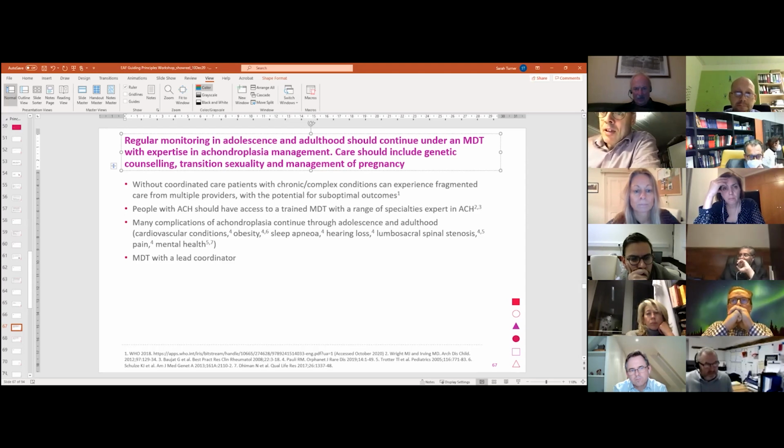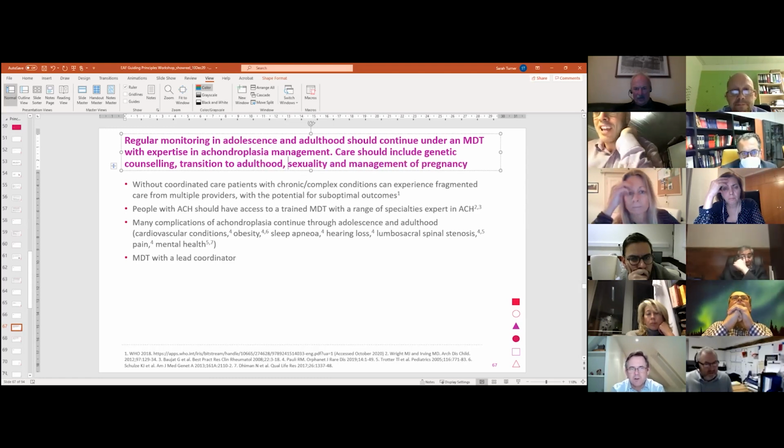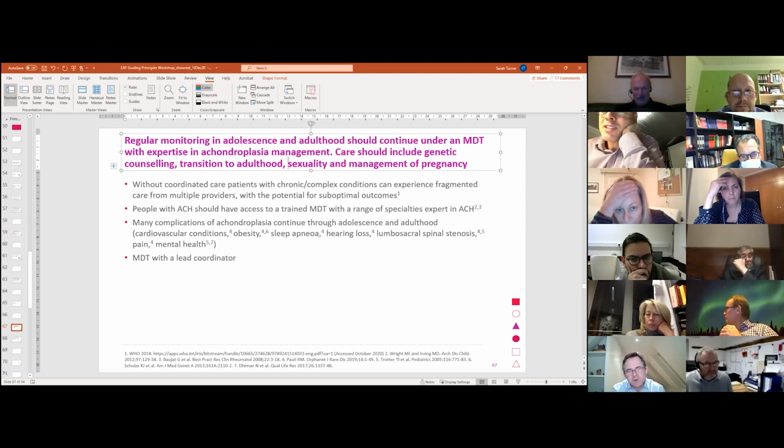Would you suggest transition to adulthood, or is just transition okay? Transition to adulthood sounds good to me, because it prevents people thinking about different sorts of transition. Yeah, I agree. And I also wondered, just in the wording, whether sexual health, in its broader sense, rather than sexuality, which to me means a slightly different thing. I think that's what he means, though.